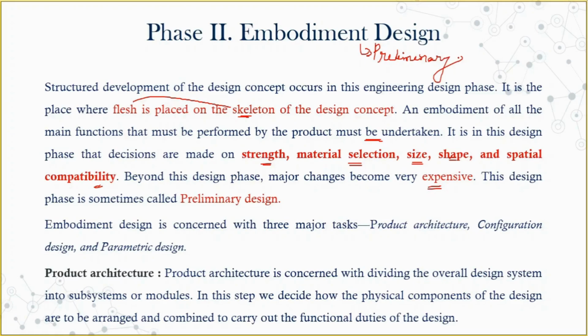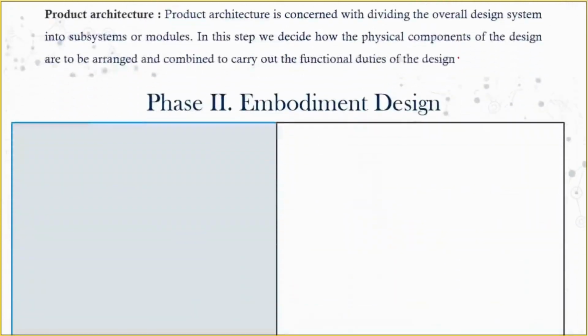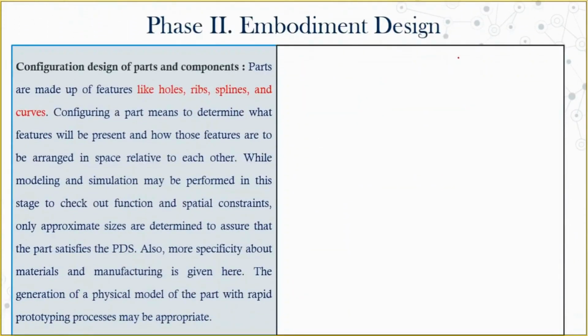Like in the mobile phone example, where the battery is going to be, where you are going to install the camera, the chipsets, the motherboard. These are the subsystems or modules, so you must know the arrangement of the product architecture. We will see it in detail. In the product architecture we finalize whether the product is going to be modular or integral.